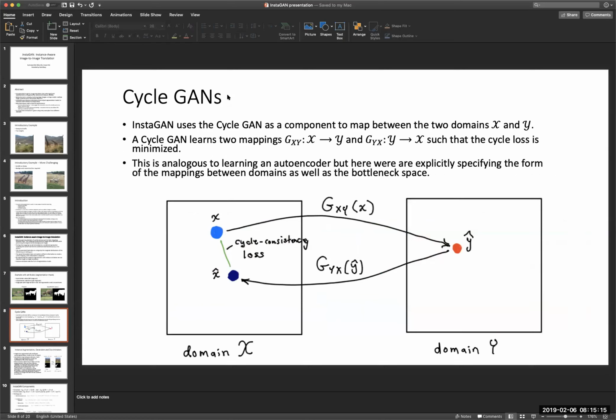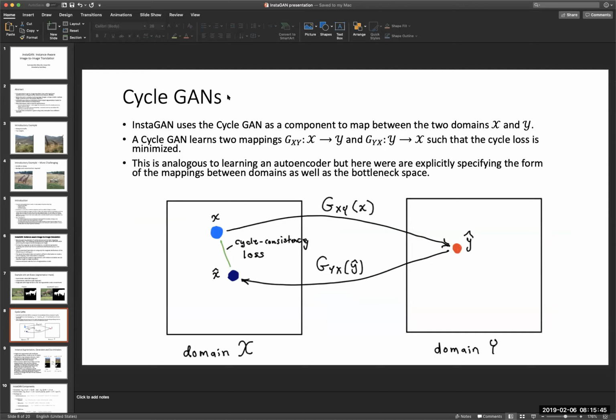So more introductory material, sort of required terms in the paper, is the CycleGAN. InstaGAN uses the CycleGAN as a component of its transformation, a component mapping between these two domains.